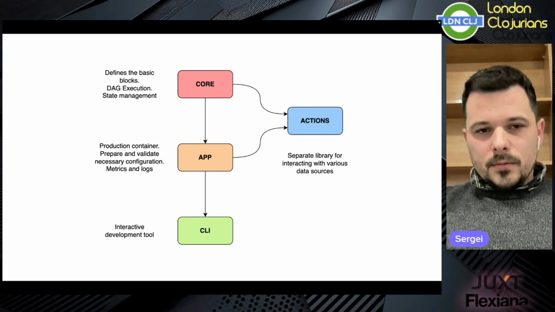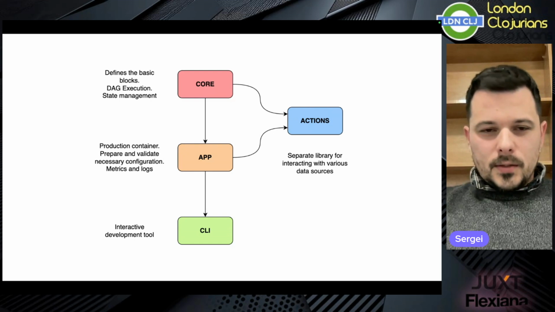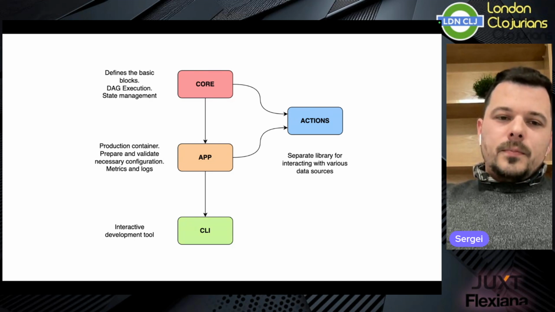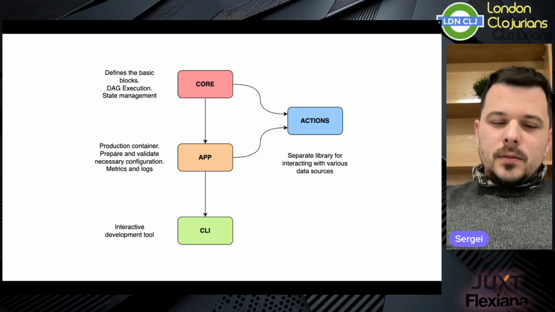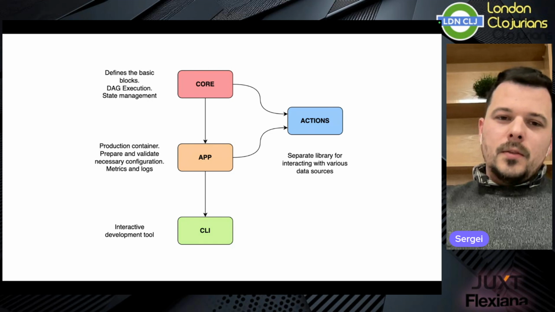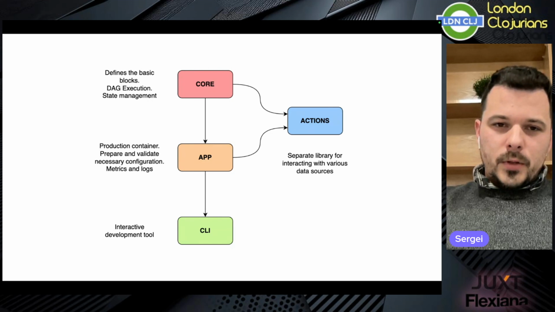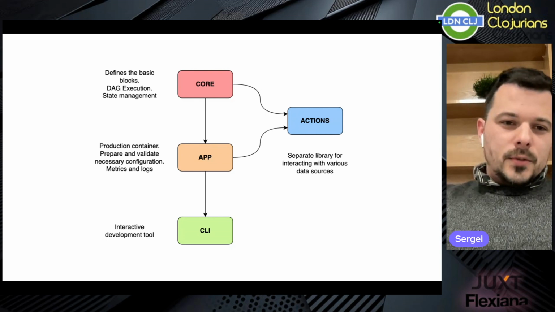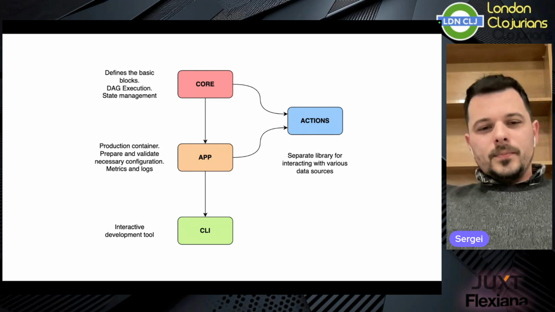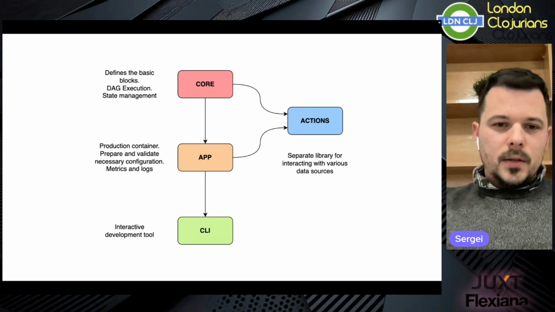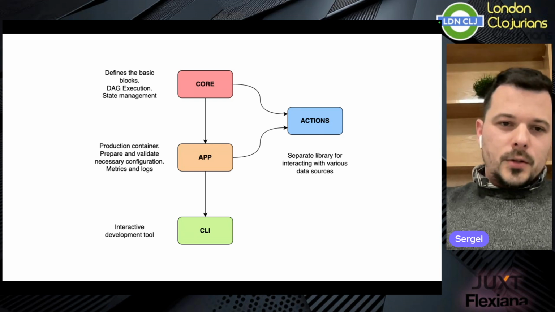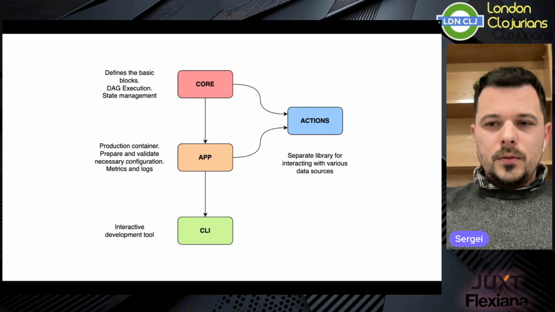This is the container you can run in production. When I say container, I mean a Docker container. It is packaged with different tools like metrics collection and logs. There are some profilers. So this is the thing you would normally use in production. And there is a CLI tool that you would normally use during the development process. With the CLI, you can build your pipelines and then run them with the app package. And optionally, you can refer to the actions package to bring in some integrations.